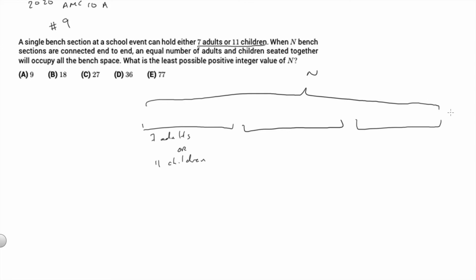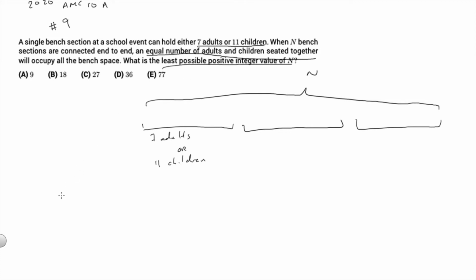In order for an equal number of adults and children to be seated together, we have to find the least common multiple of 7 and 11, because we want the least possible positive integer value of n.